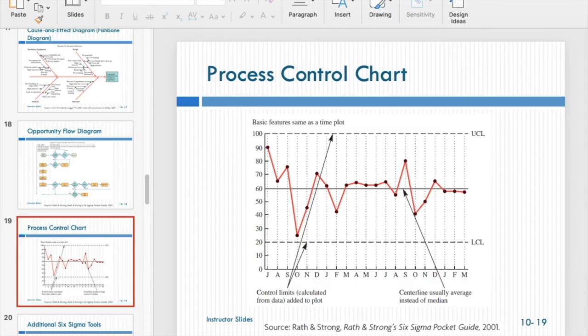Actually, if it's random, it means that, let's say the target is exactly 60, but you already figure out that it's not exactly 60 for every sample, because sometimes it's above and sometimes below the 60 line.